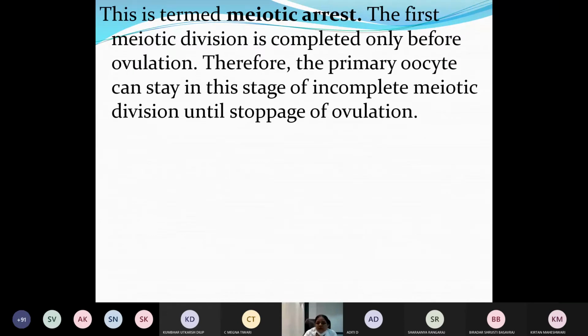This is termed as meiotic arrest. The first meiotic division is completed only before ovulation. Therefore, the primary oocyte can stay in this stage of incomplete meiotic division until stoppage of ovulation.